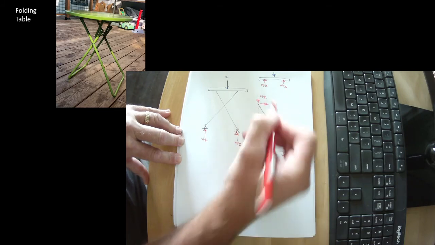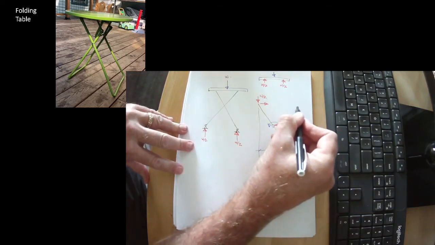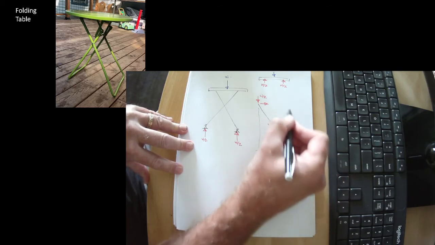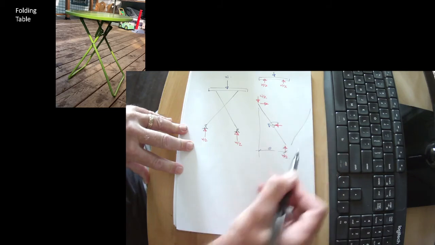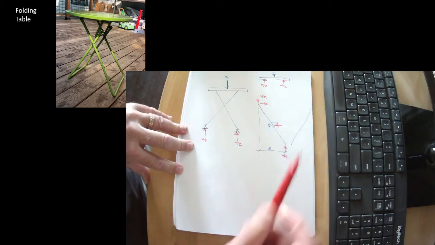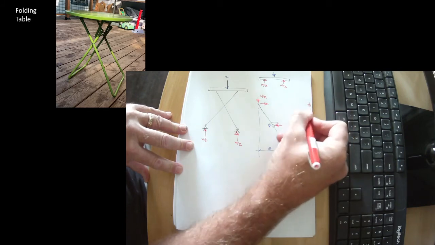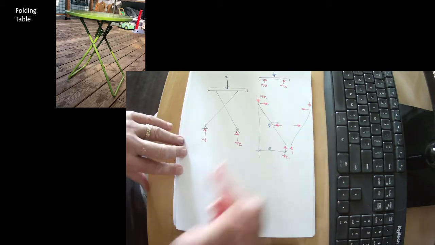And those forces exist here and here. So we draw the diagram of the other leg, of course. I'm just going to draw it superimposed. Well, I can't draw it superimposed very easily. I'll draw it over here. If we draw the other leg, it's just the mirror image.